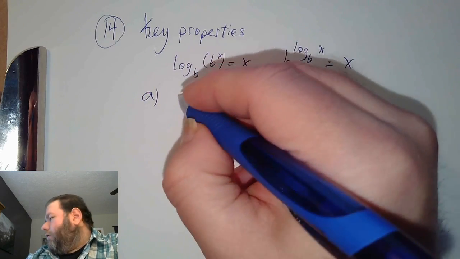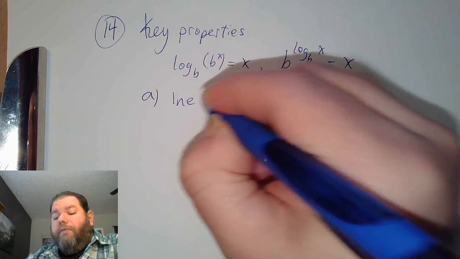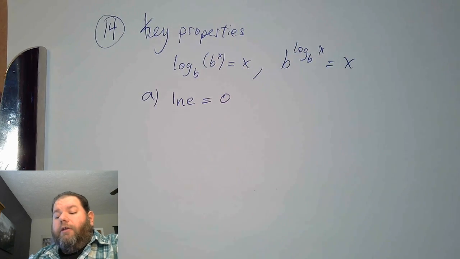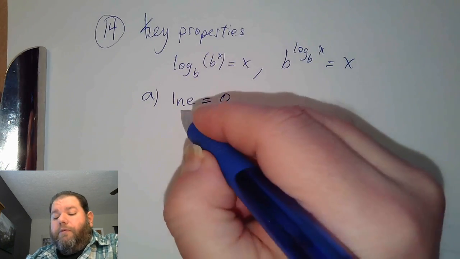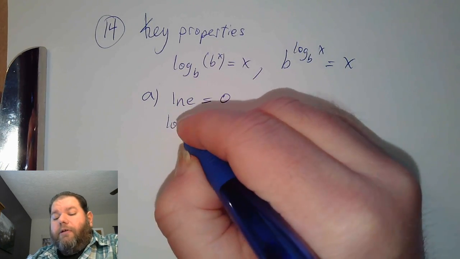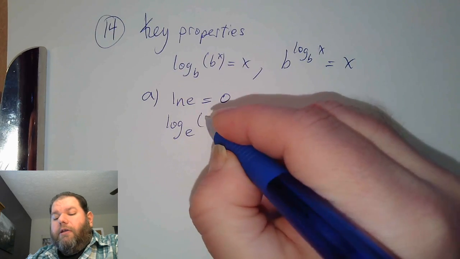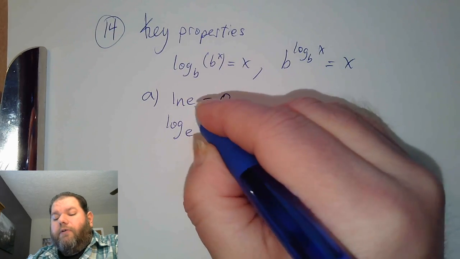For A, we want to determine if these are true or false. We have natural log of e is equal to 0. Now, natural log, remember, is log base e, and this is e to the first.